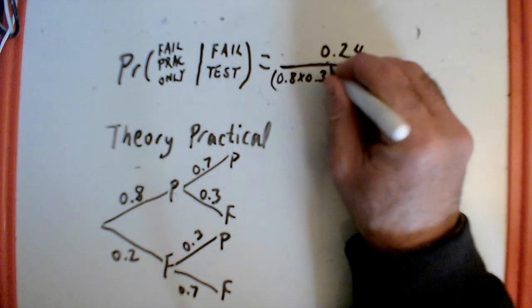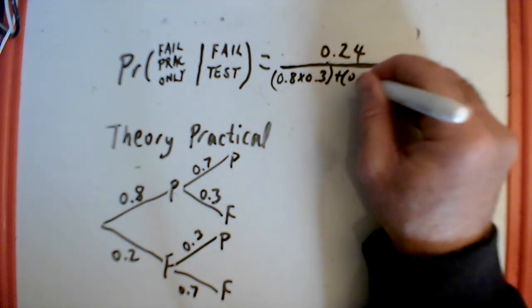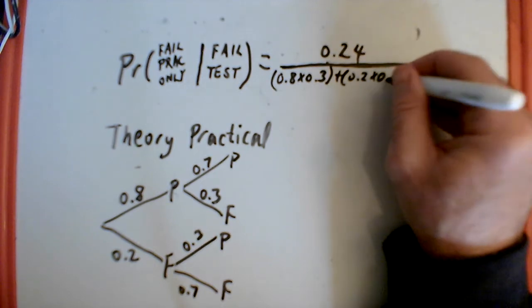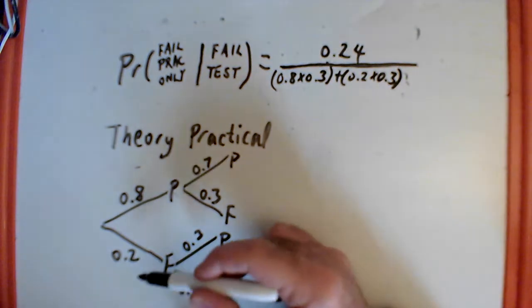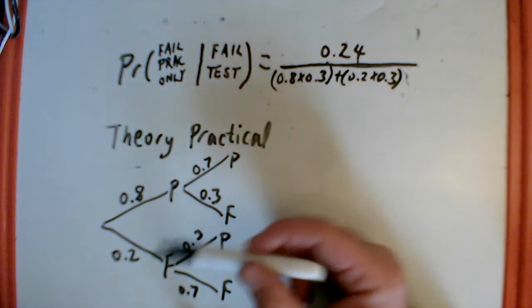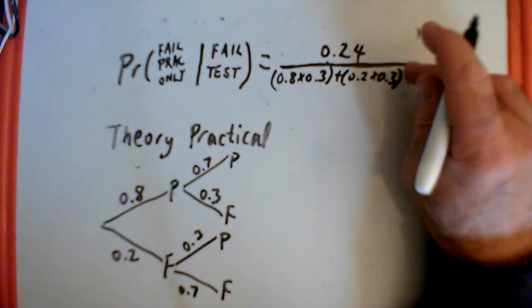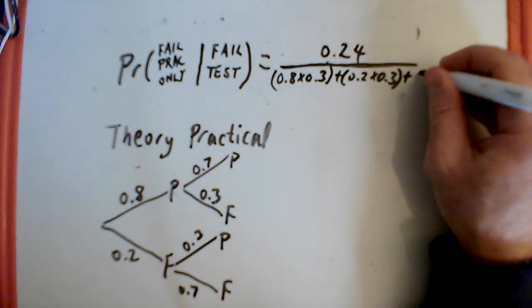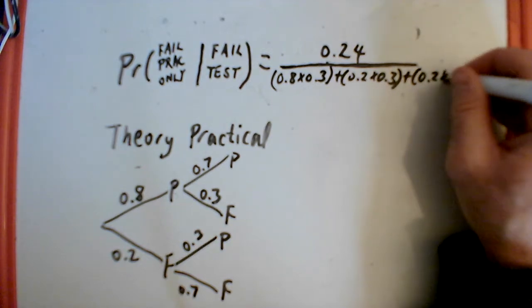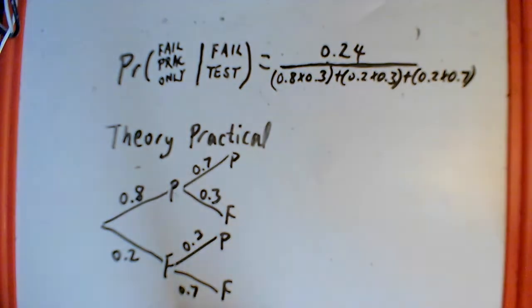Let's just put some brackets around here. Or, of course, he could fail both, the theory and the practical, 0.2 times 0.7, that way. So let's just multiply some of these out.